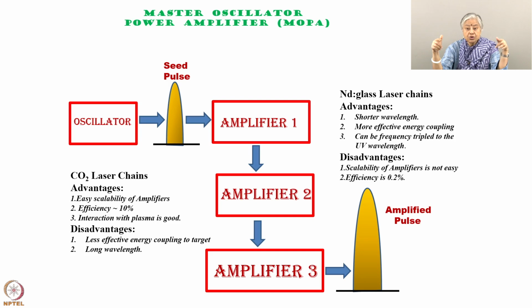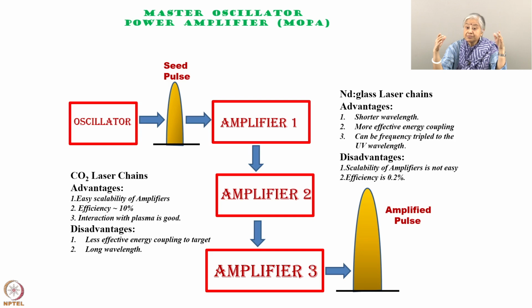ND glass, of course, is not a crystal, but then you have to make these substances uniform and perfect in shape, size, and consistency within. So, these are large amorphous crystals, I should say, which you have to build. It is not as easy as putting gas into a vessel, into a larger and larger vessel.